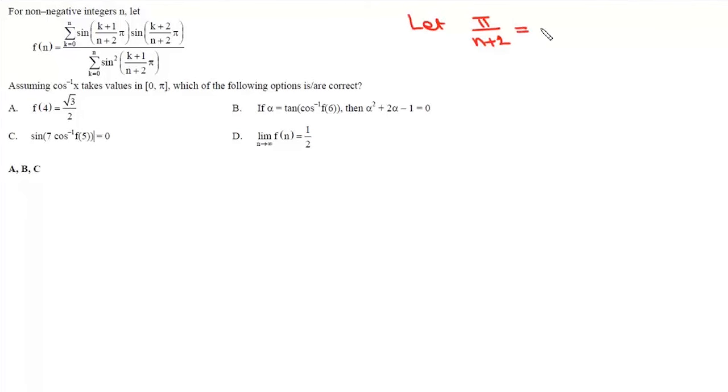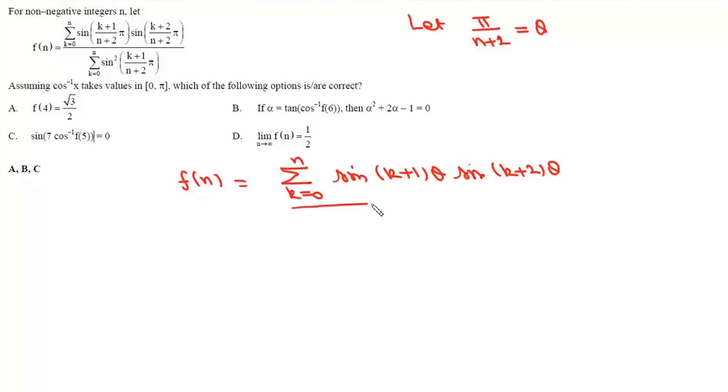Pi upon n plus 2 is some constant, say theta. So we'll write f_n as the summation, k varies from 0 to n, of sin((k+1)theta) times sin((k+2)theta), whole divided by the summation, k varies from 0 to n, of sin squared((k+1)theta).